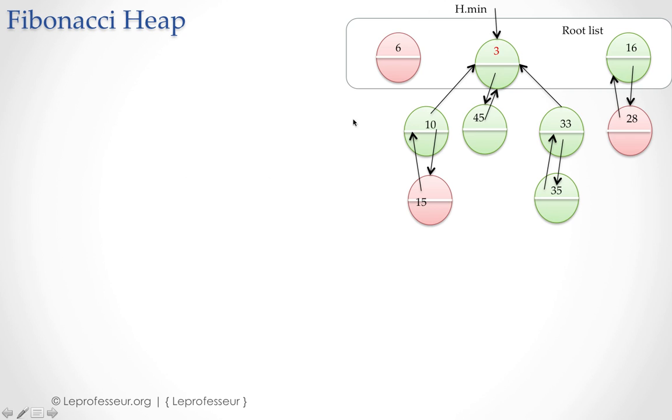Let's say this is our favorite, a very small example of a Fibonacci heap structure. I haven't shown all the pointer connections here, but assume that all the pointer connections between child nodes, and the left and right pointers among root lists, are already there.